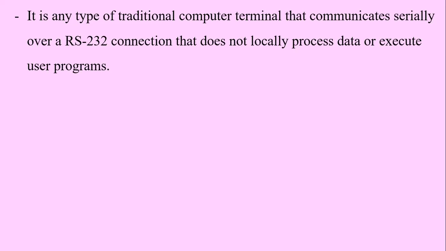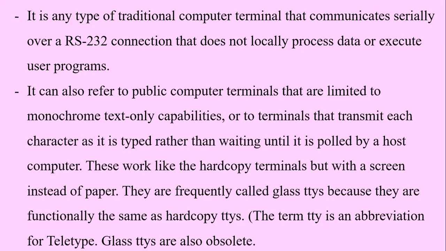It is any type of traditional computer terminal that communicates serially over RS232 connection that does not locally process data or execute user programs. It can also refer to a public computer terminal that is limited to monochrome text-only capabilities, or to terminals that transmit rather than waiting until it is polled by a host computer.